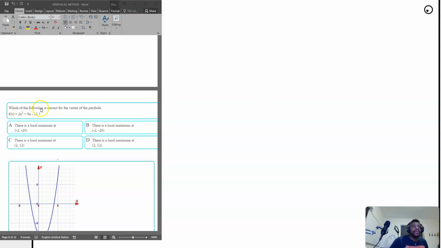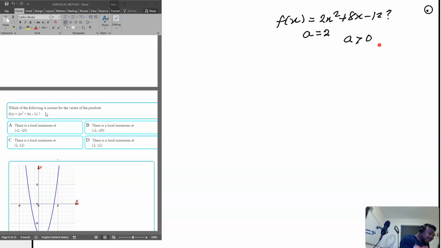Okay, which of the following is correct for the vertex of the parabola? So f of x is equal to 2x squared plus 8x minus 12. So normally our a here is 2, that means a is greater than 0, and when a is greater than 0 you can only get y minimum.